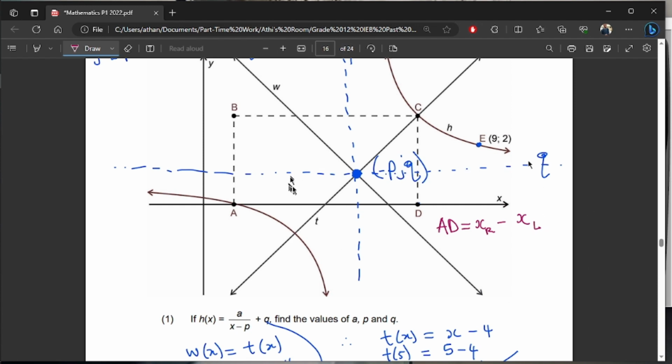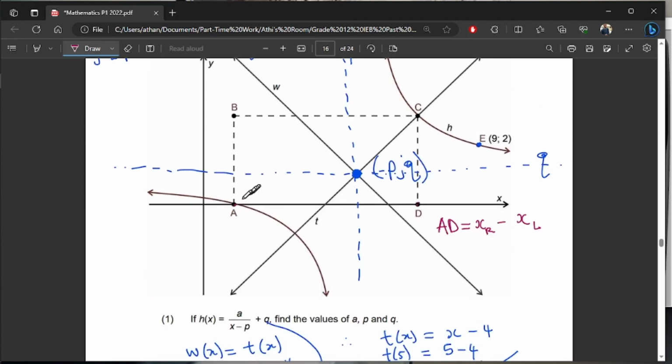This gives us the distance from A to D. So we need the coordinates of A and D. Once we get those, we'll be able to find the distance, and then we move on to finding C or B.